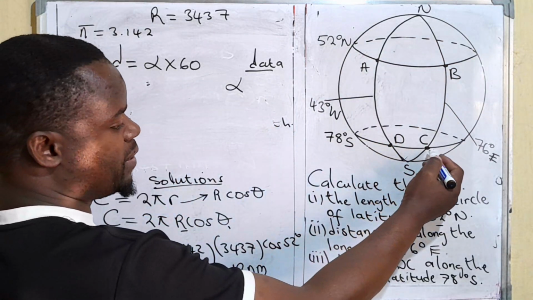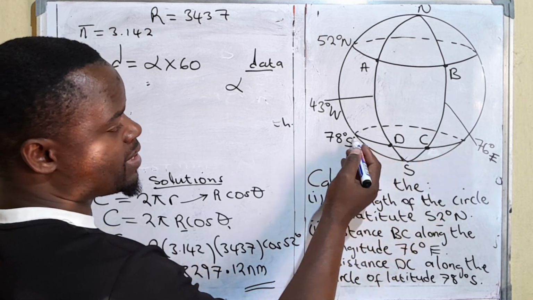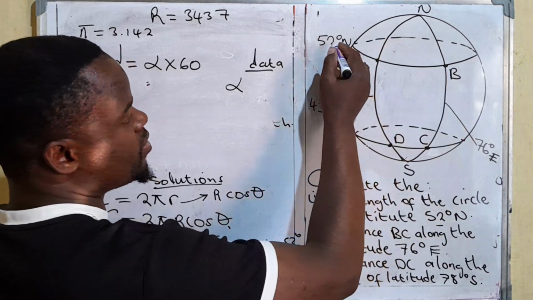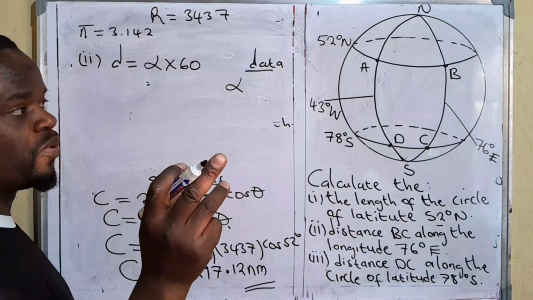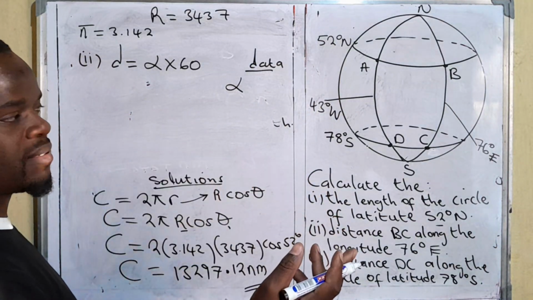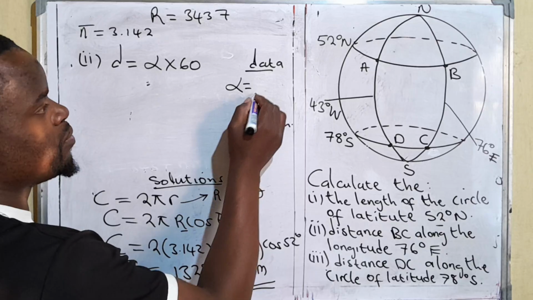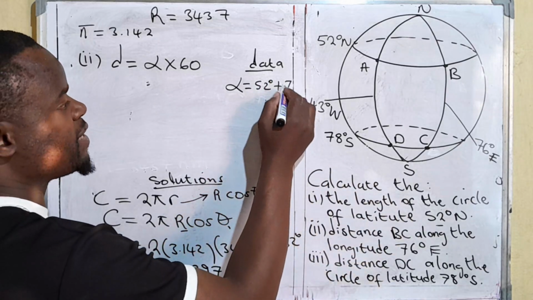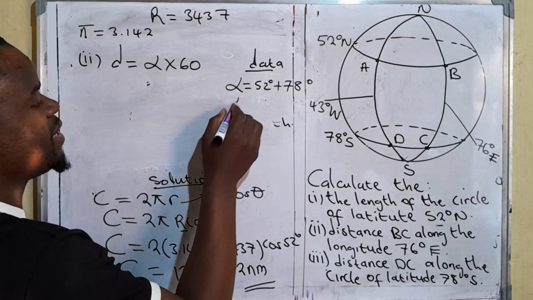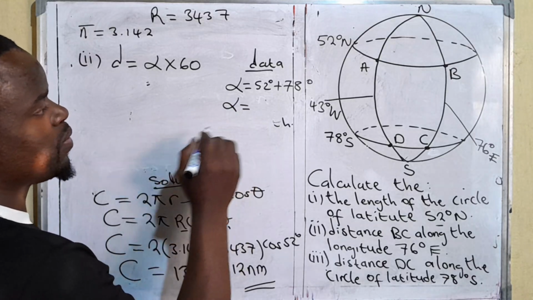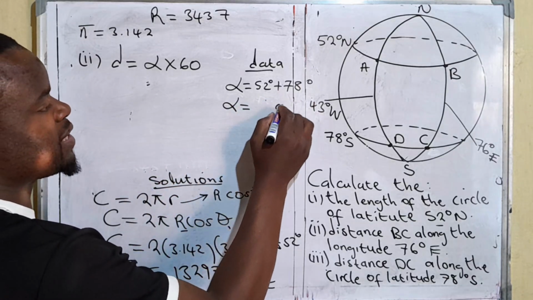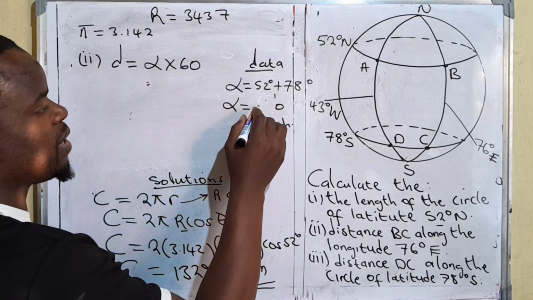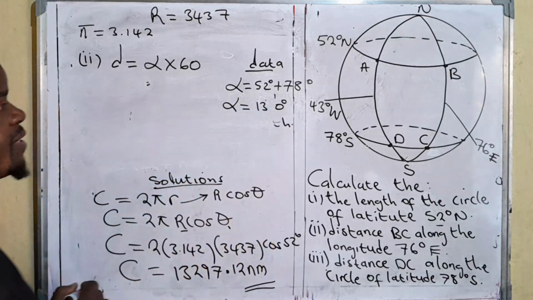Point B is sitting on latitude 78, and point A is sitting on latitude 52. Since these 2 points are in different hemispheres, we are going to add. So that will be 52 degrees plus 78 degrees. The difference in latitudes will be 8 plus 2, that's 10, 7 plus 5, that's 12, plus 1, 130 degrees.